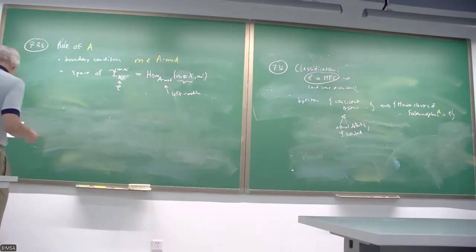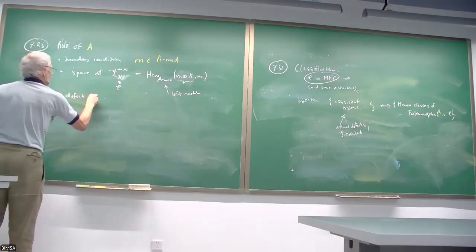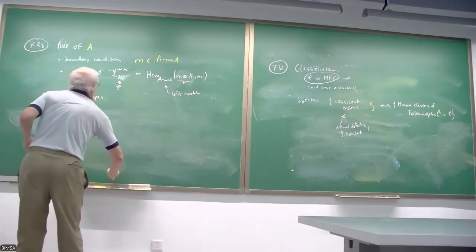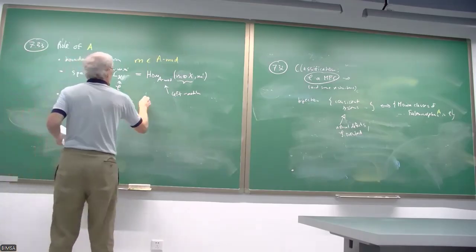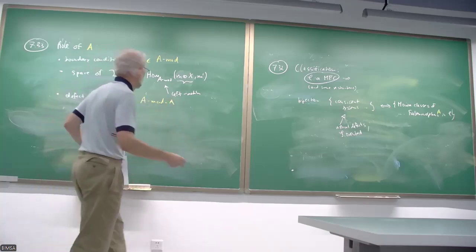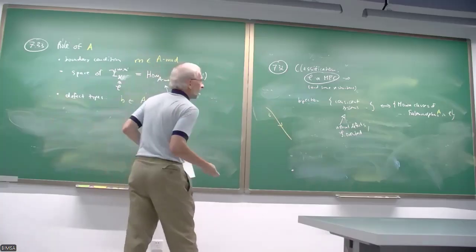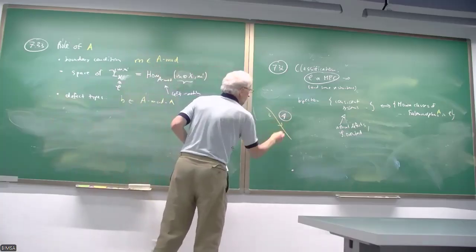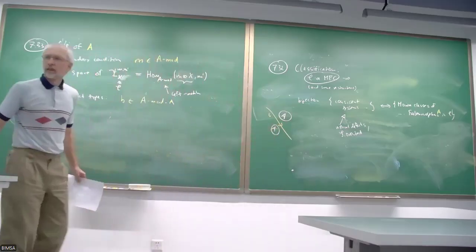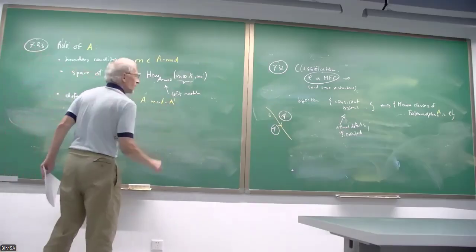Bimodules will appear in the second, maybe the defect types, B, are objects in the category of A bimodules. Or more generally, if I have such a defect, then I can allow for the situation that on one side of it I deal with such an algebra A, and on the other side a different one, A prime.